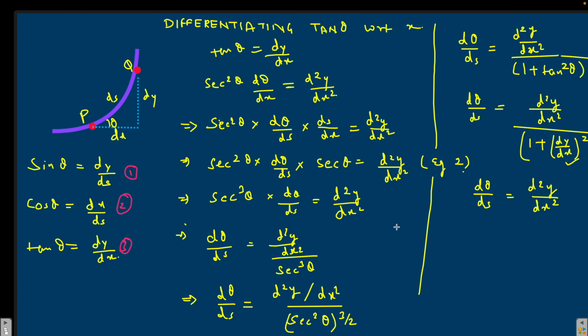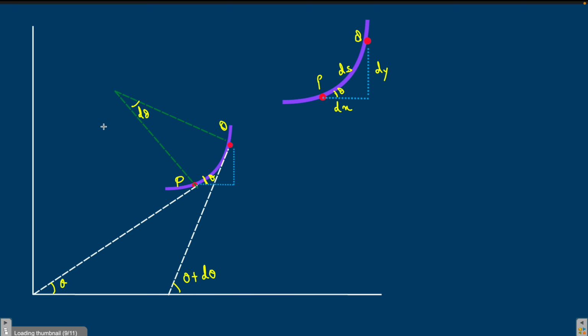Now what is d theta by ds? From the previous figure, this was ds, and let this distance from point O to point Q be the radius of curvature of the arc. Let this be r.